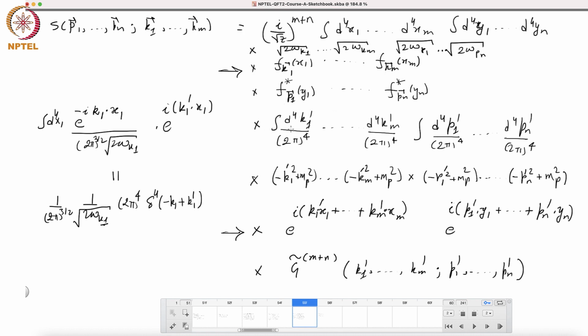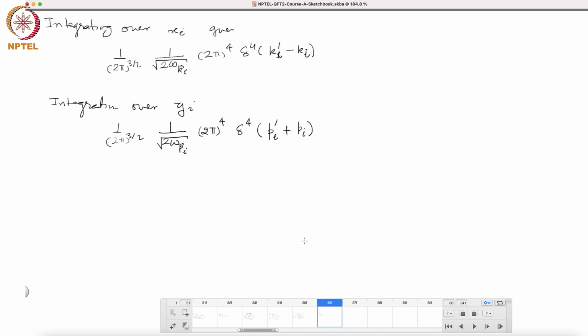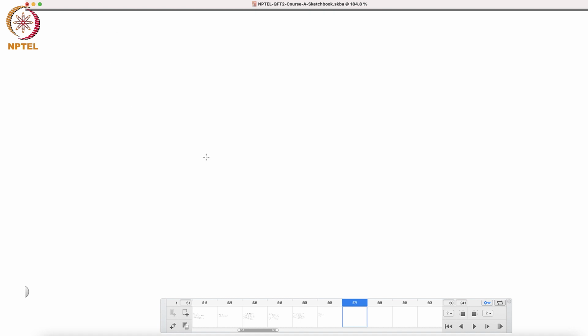Integral over d4k1 will be left. And then of course these objects are there. So let me write down and then let's check. Maybe on the next sheet.